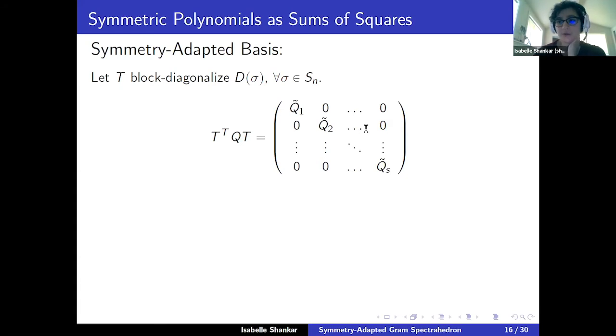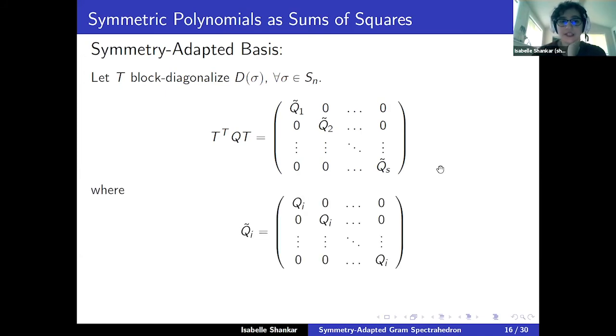Now, I won't go too much into the rep theory, but I'll just reiterate what I said earlier. We have an Sn action on the space of degree D polynomials. That vector space decomposes into irreducibles of Sn, and that decomposition informs the structure of this matrix.